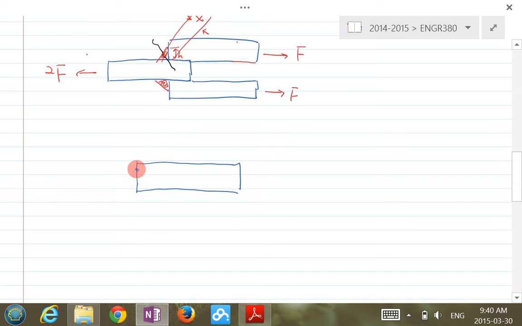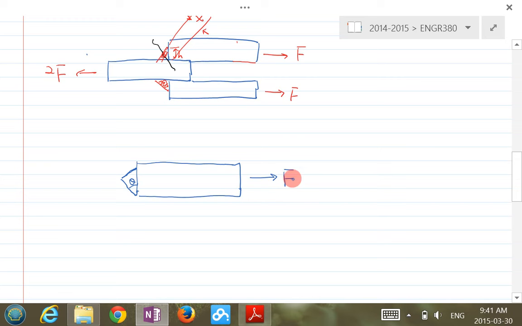We cut it basically at something like this. So this is a theta. And this is the F over here.